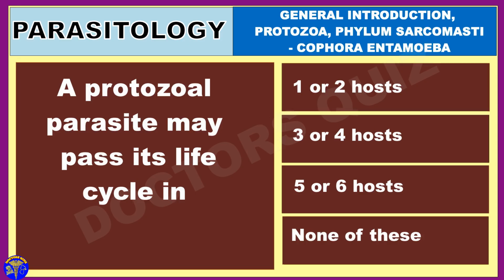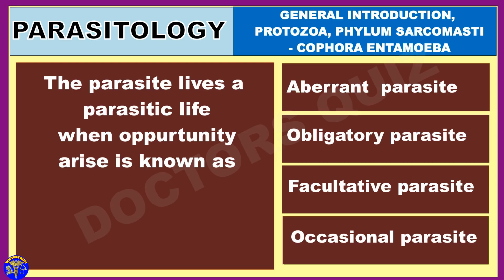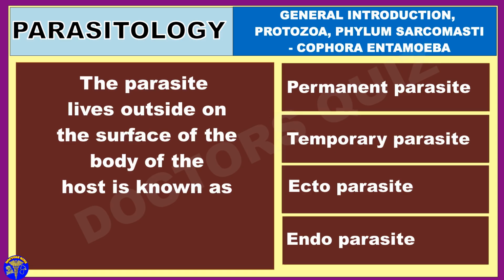A protozoal parasite may pass its life cycle in 1 or 2 hosts. The parasite lives a parasitic life when opportunity arises is known as facultative parasite. The parasite lives outside on the surface of the body of the host is known as ectoparasite.